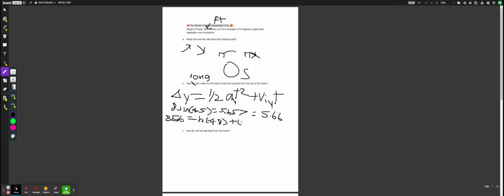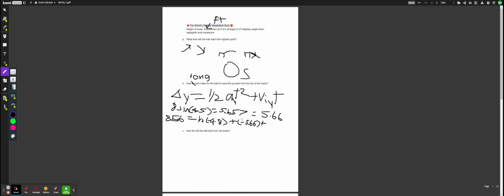Again, we remember to put the negative since the initial velocity in y wasn't shot upward. If it was shot upward it'd be a positive 5.66, but since it was shot downward, it has to be negative. So it's already moving down, times t.